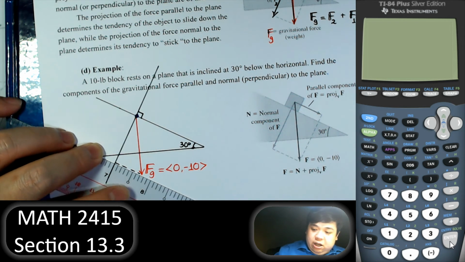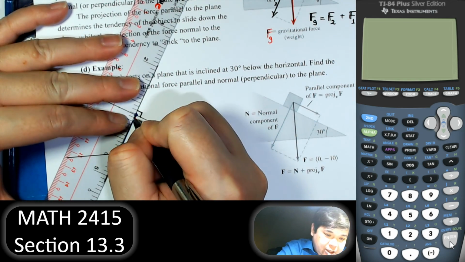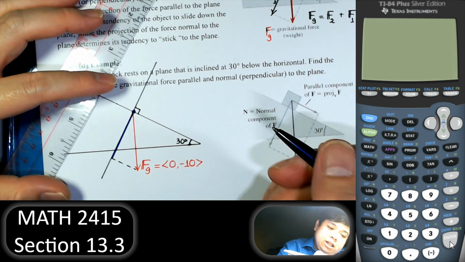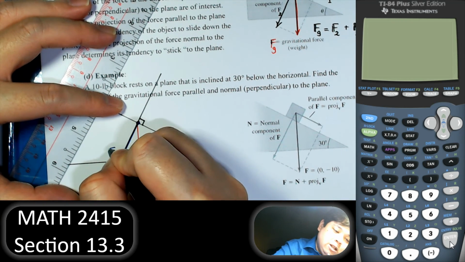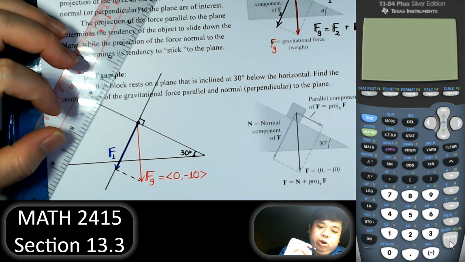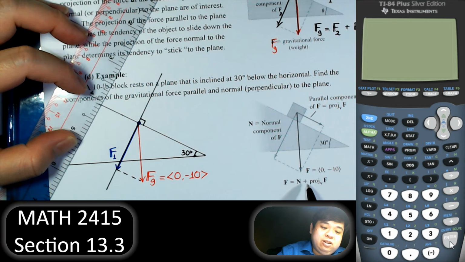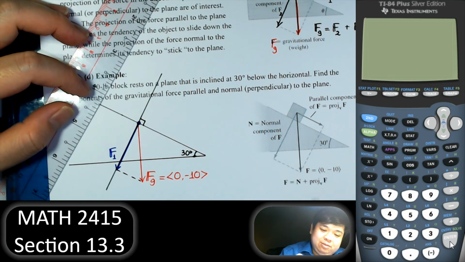So we can decompose this into two components. One of them is normal to the plane. Let's call this one 1. Also, we call the projection of F onto V, sorry.